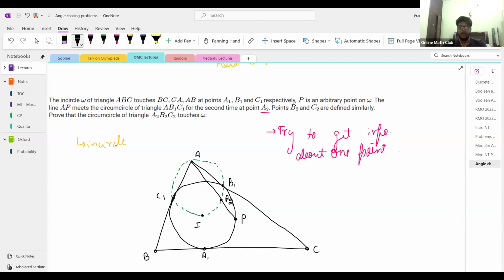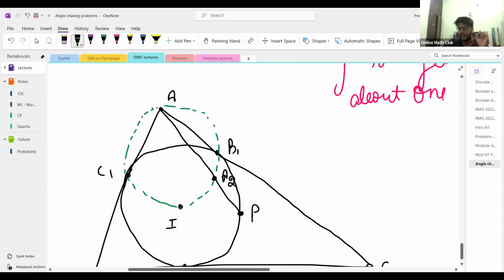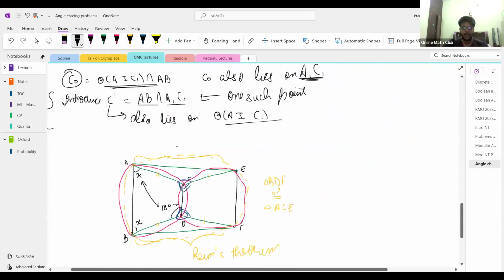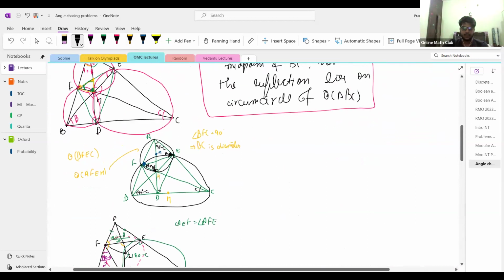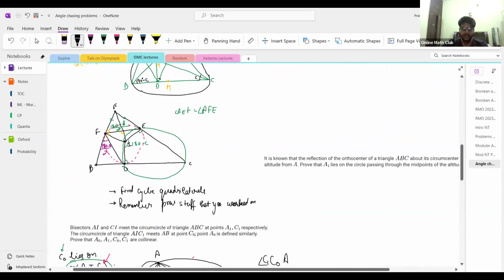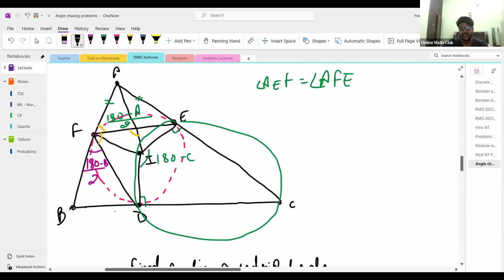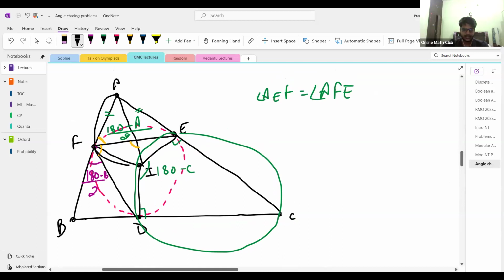Okay. Next thing, if I see the circle AB1C1, the green circle, it passes through I. That is a well-known fact. We were discussing this configuration some time before. Yeah, here. If you discuss this configuration, you should know. We talked about the CDEI circle. It's just this circle.